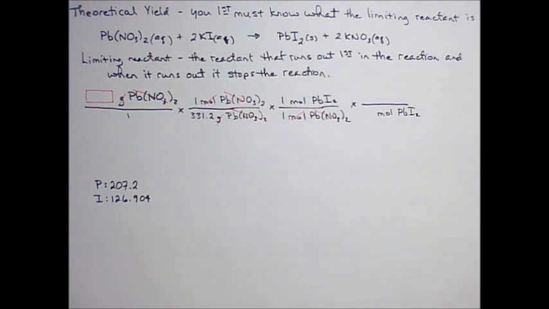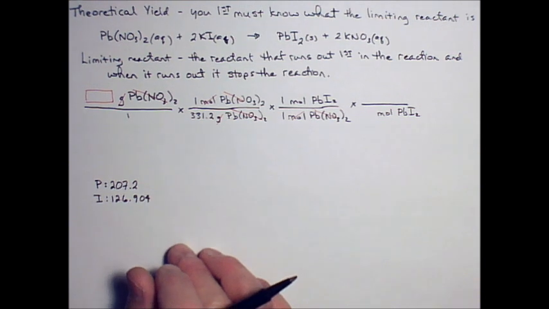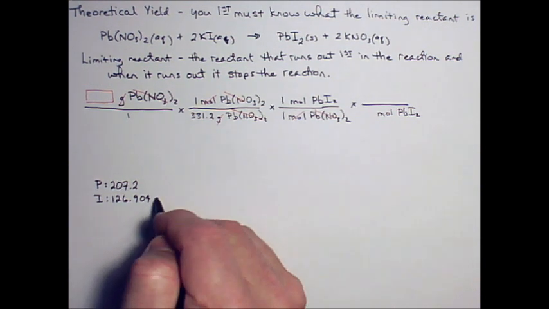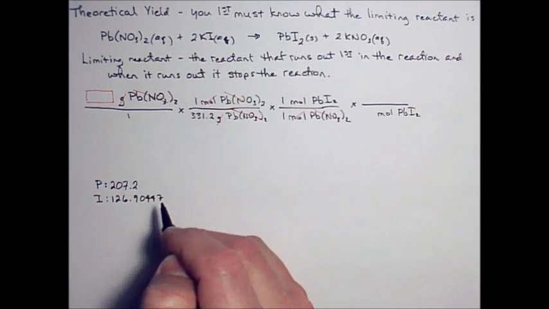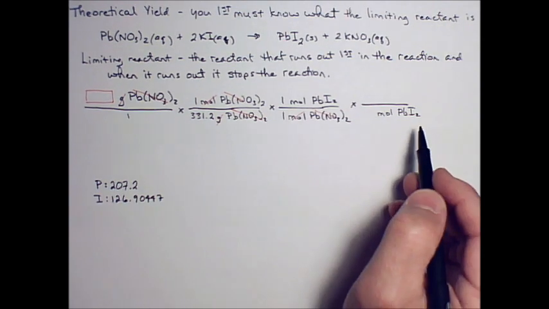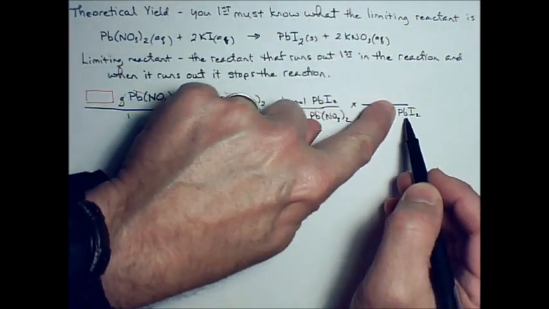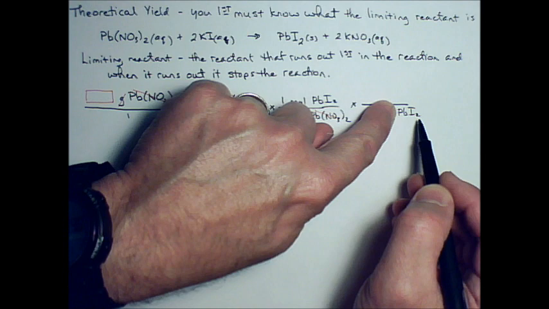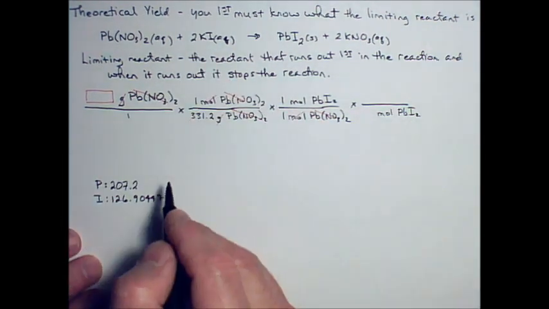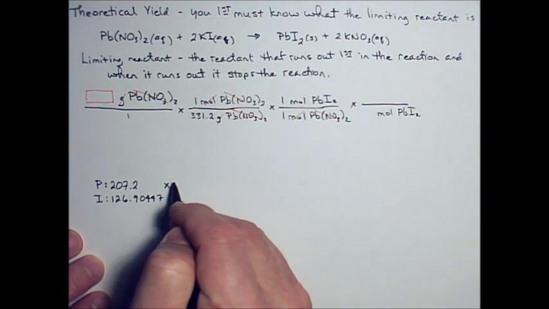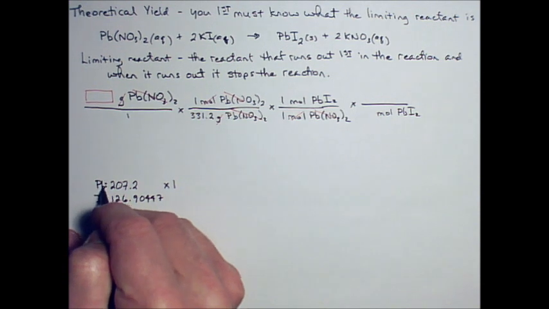Let me make sure I write that down. In the formula, just the formula for lead II iodide, we have 1 lead and 2 iodines. So we're going to multiply the mass of the lead by 1. That should be Pb, not just P.